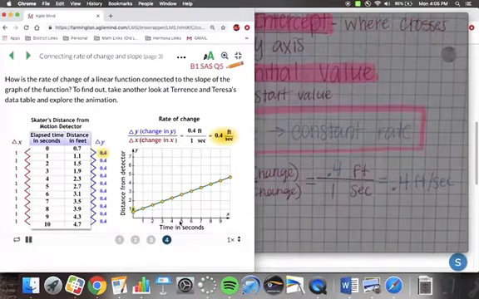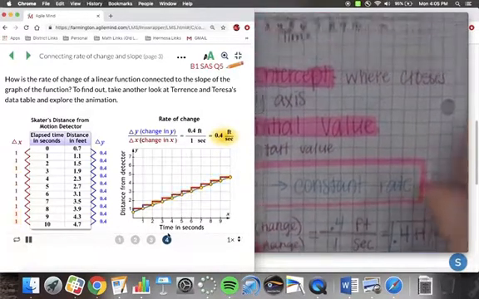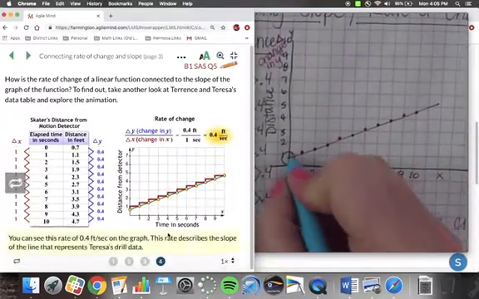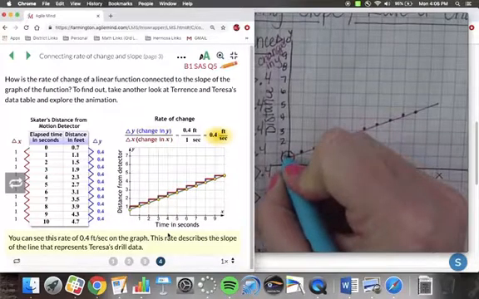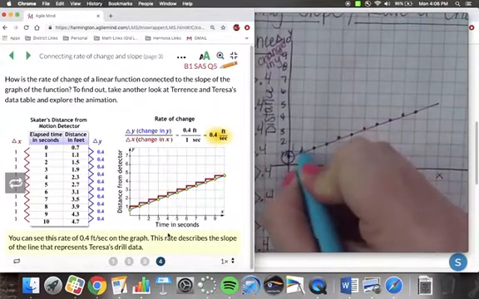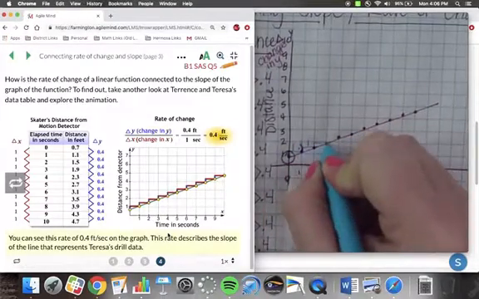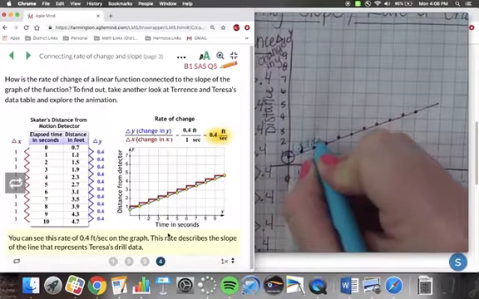And notice it's going to just show you from the graph. So it's going up 0.4 of a foot over every 1 foot. And I'm going to draw that on here. So it's going up 0.4 over 1, going up 0.4 over 1, 0.4 over 1.